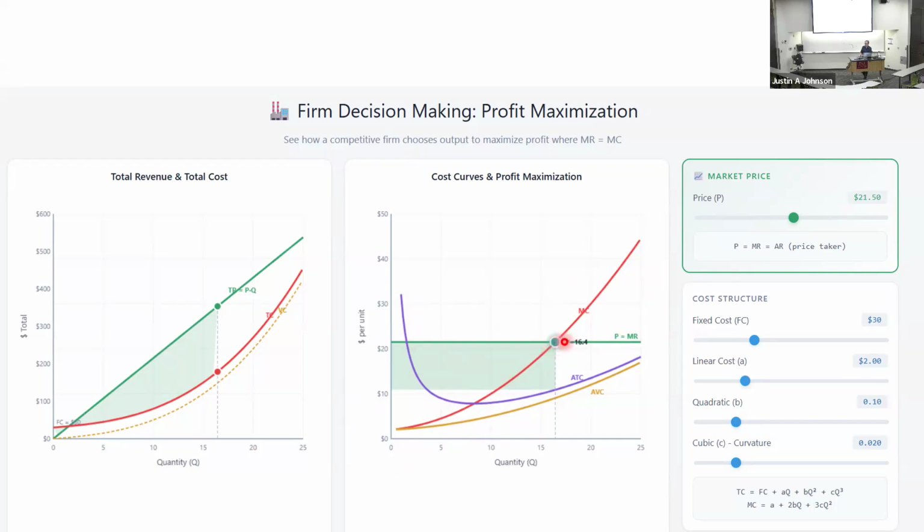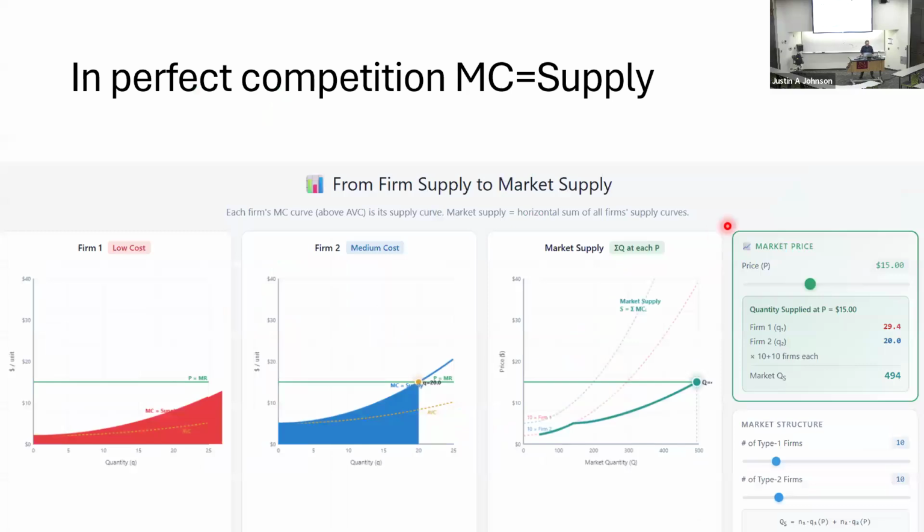I know I'm going fast, but I'm presuming everybody has studied this very well. The other thing here is that's the profit box, and this is the point that makes that profit box the largest. But what we can do is drag that around and just observe the quantity they produce. We've already got it expressed in terms of the price and the quantity. This is where it's different than the consumer problem, where we had one good versus the other good.